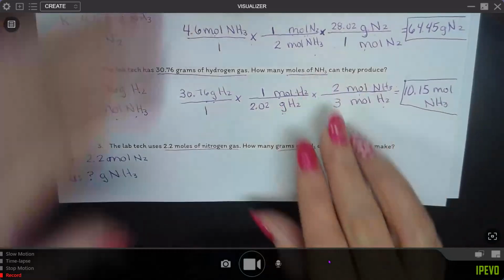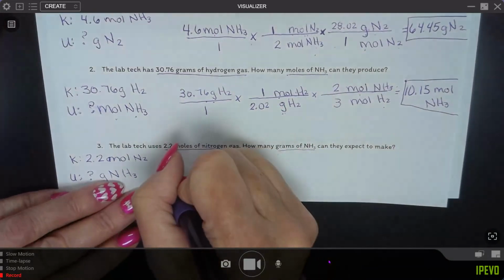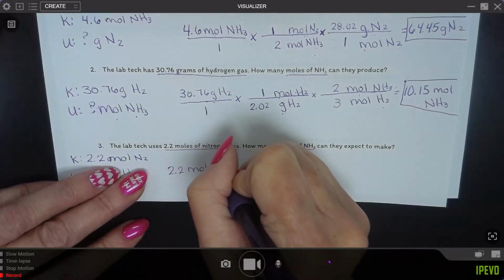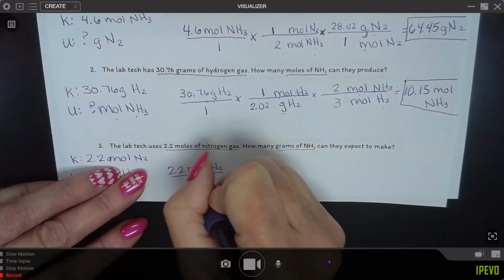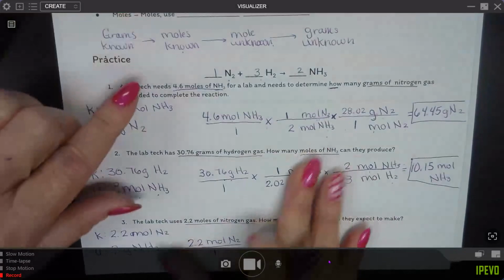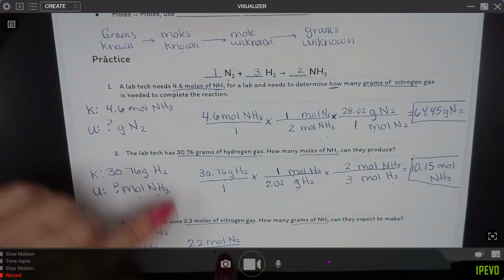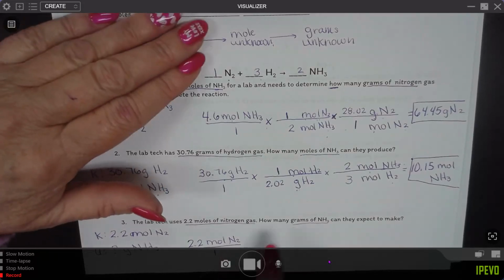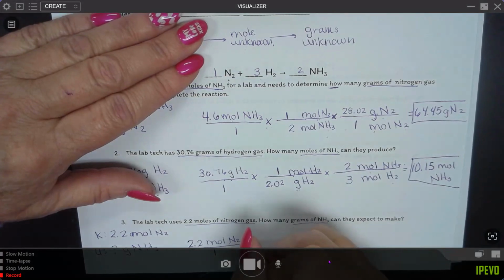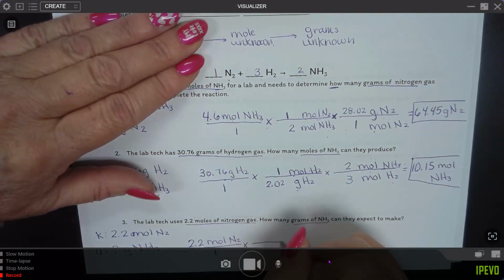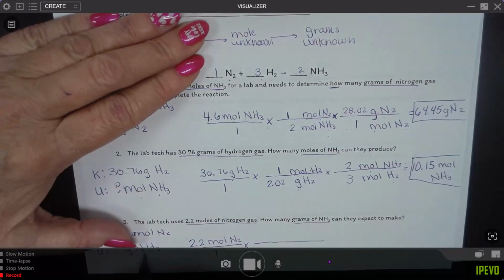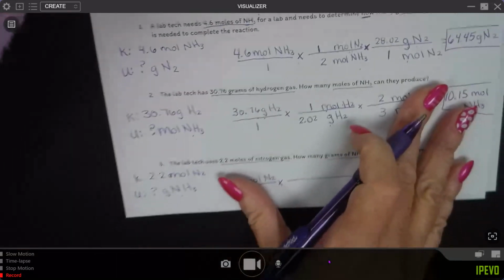Okay, so let's look at this. 2.2 moles of N2 over 1. Okay, now I have to flip back and forth. My mole map, so I'm starting with moles of known. So I'm here. So my next step is to go from moles of known to moles of unknown. So moles of unknown is going to be, unknown is NH3. Let me slide this up.